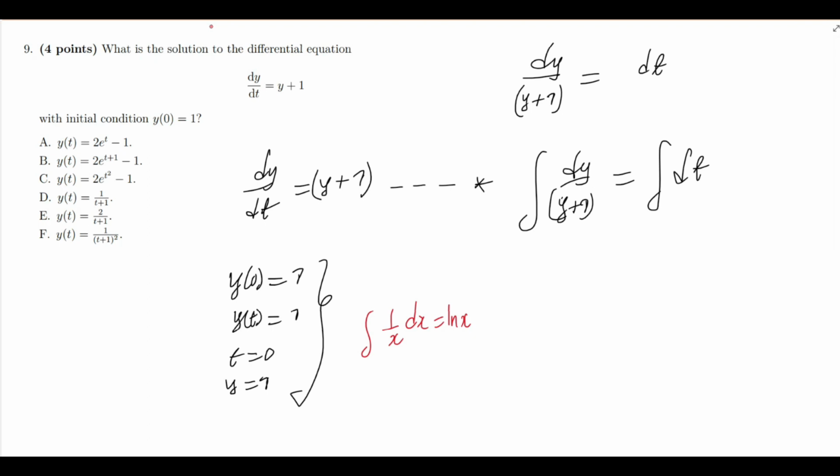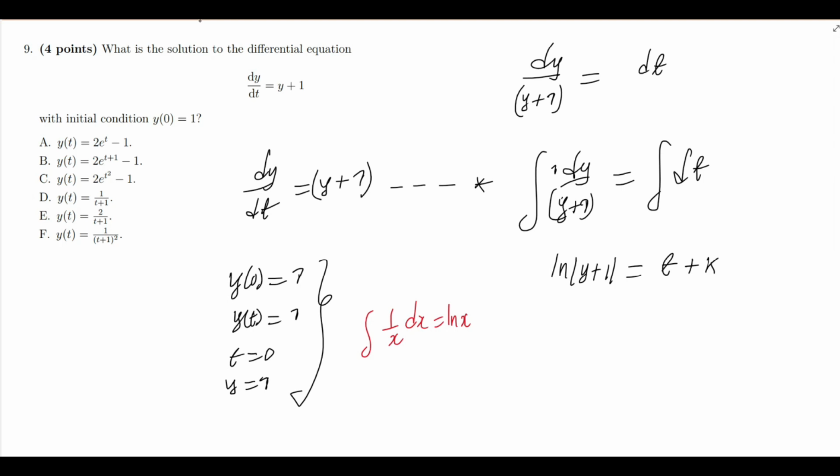And it's the same thing here because on the numerator we have 1, and if we use our u substitution, which is the longer method to do, you're going to notice that the derivative of y plus 1, which is in the denominator, is 1. So this will simply be the ln of y plus 1 equals the integral of dt, which is t, now plus our constant k.